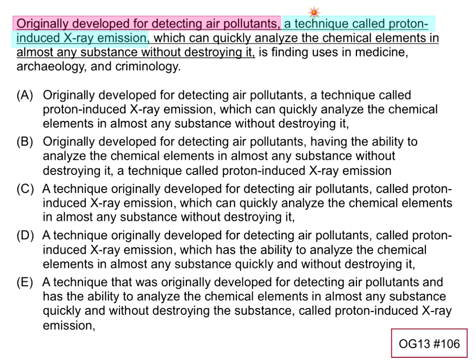If we've got this noun after this comma, then the modifier in red should refer to this noun. Does it? Yes, you could say the technique was originally developed for a certain purpose.